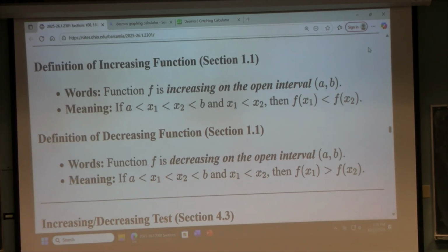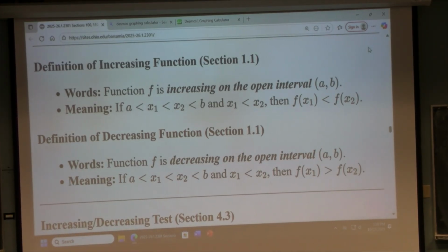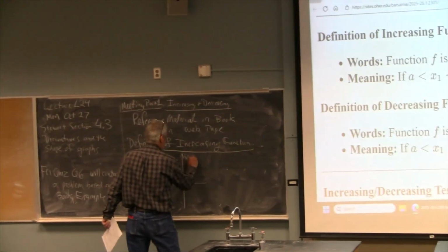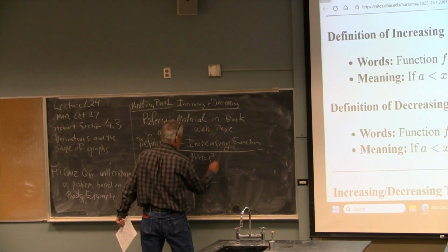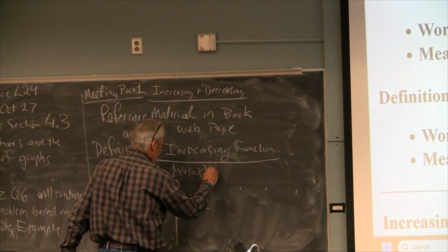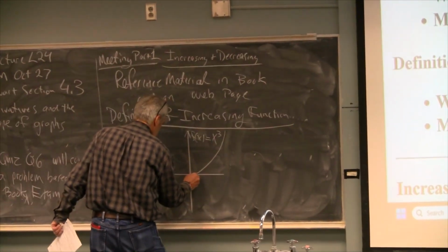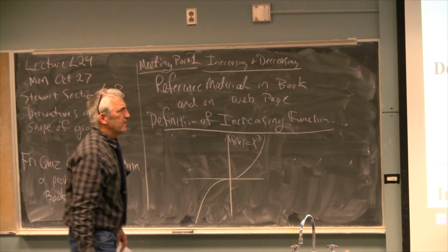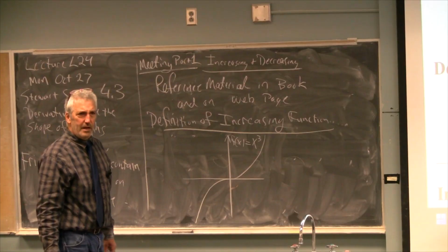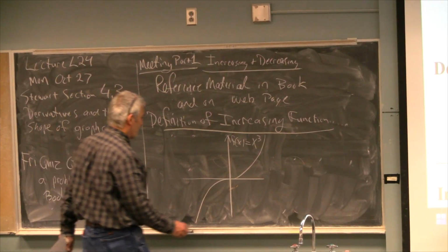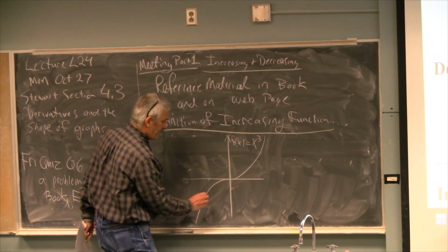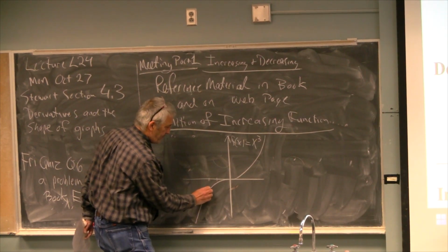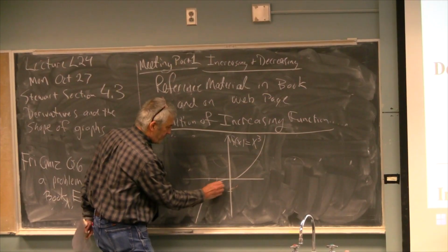So for example, f of x equals x cubed. This graph looks like this. Notice if I pick any two x values going from left to right, so if I pick, say, this x value and this x value, the y value goes up from this y value to this y value.